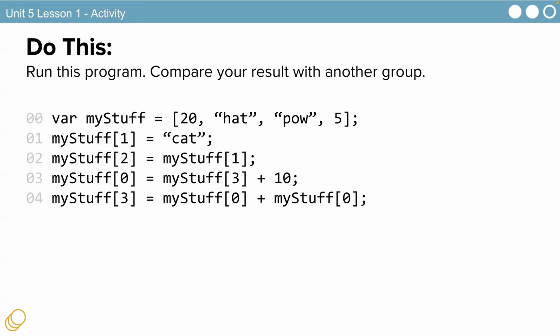Okay, let me just do this one. Cat overwrites which item? Hat. 0, 1, 2, 3. You count from 0. Okay, so read the rest of it. It's easier to write it down and then cross out right below.